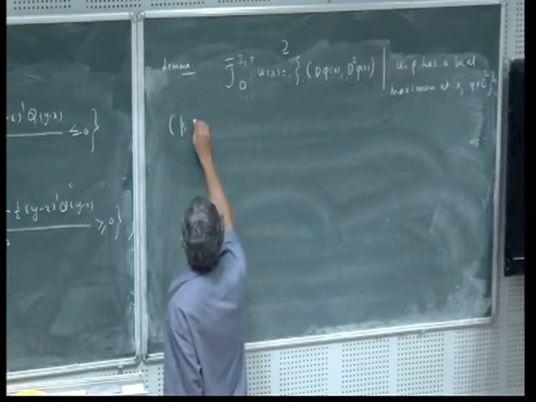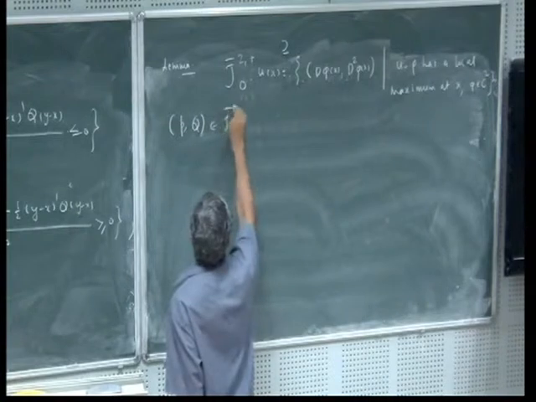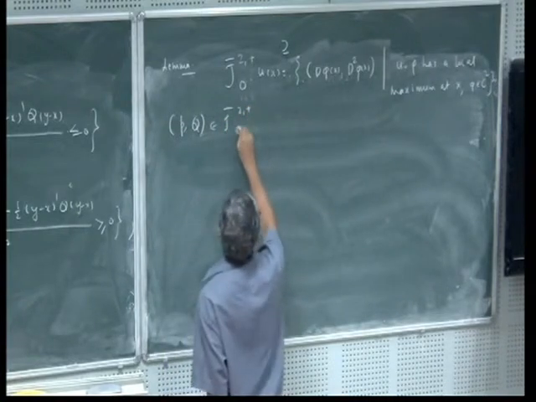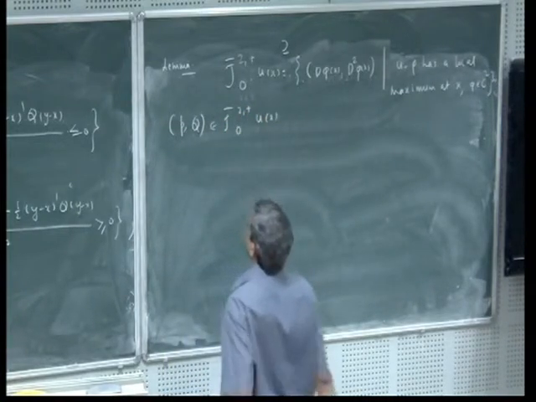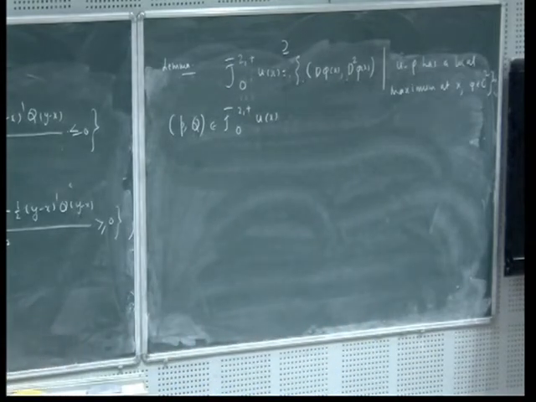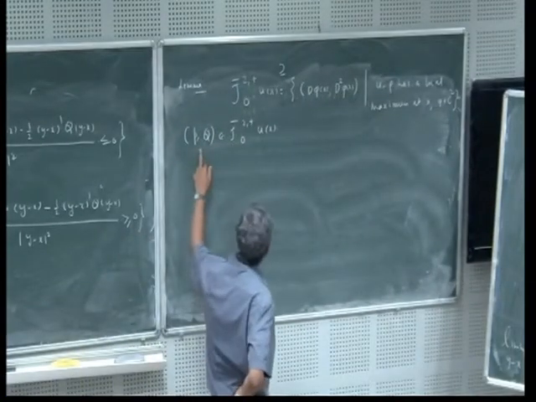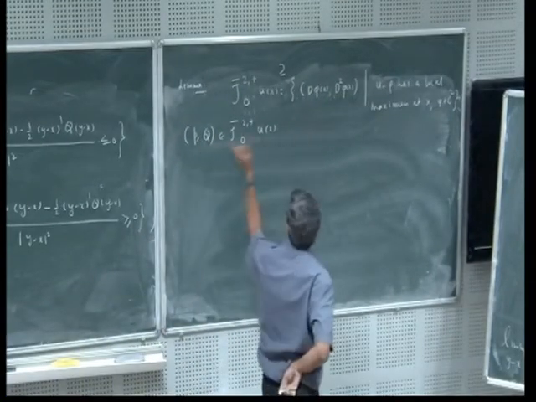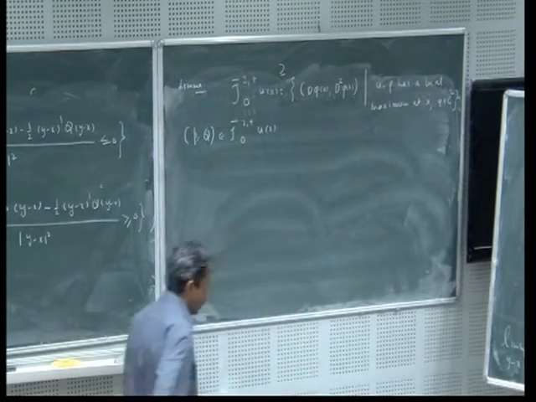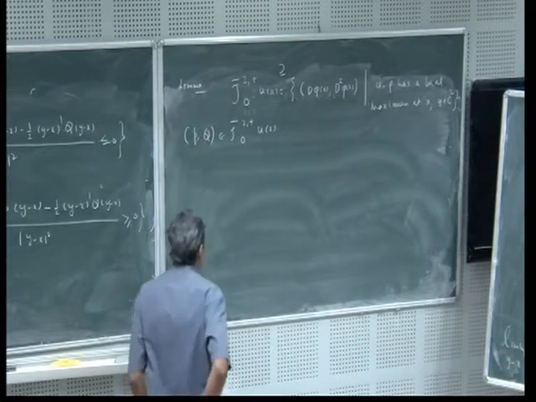So you start with an element from the jet, and then one needs to construct a phi which is C2, and whose differentials are going to be this.